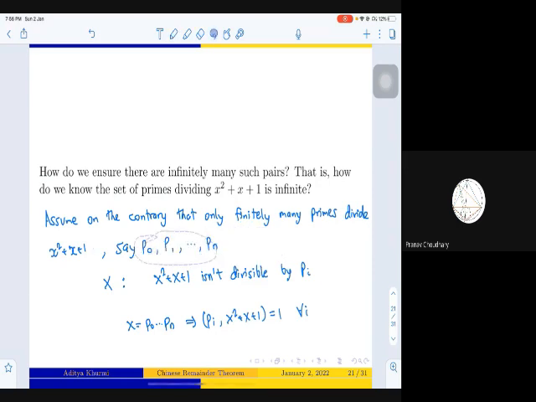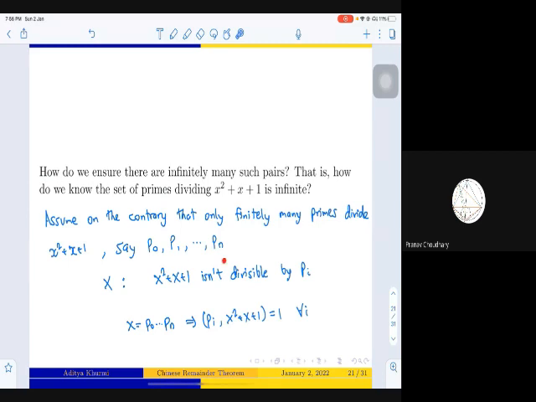So assume on the contrary that only finitely many primes divide terms of the form x square plus x plus 1. And you say that they are these primes. Then you construct the number x to be the product. And what happens then is x square plus x plus 1 is coprime to each of these, because p naught, p1, nothing can divide this.